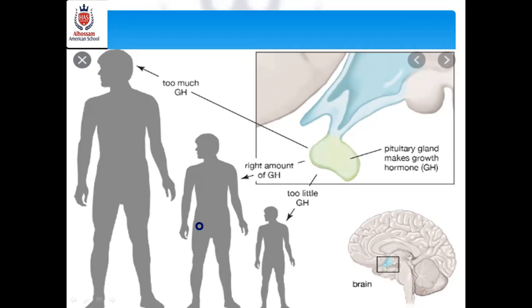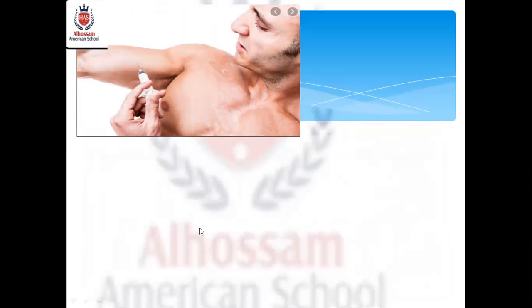Actually, they found out that they can produce this hormone and manufacture it. Some athletes use it to increase the size of their muscles. They inject it directly into the muscle to allow it to grow.